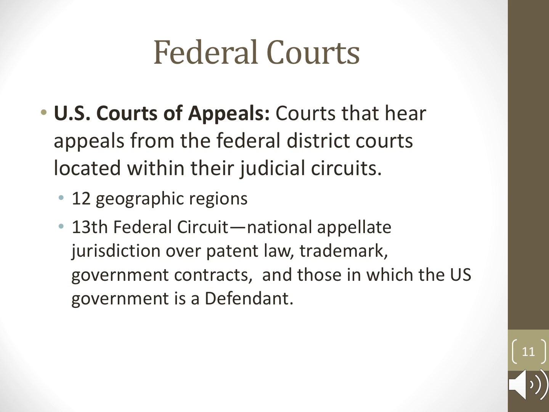There are 13 circuits. So there are 13 United States Courts of Appeals. 12 of them are geographically based, and the 13th is a federal circuit, which has national appellate jurisdiction over things like patent, trademark, government contracts. Any case where the U.S. is a defendant, those go to the 13th Federal Circuit.